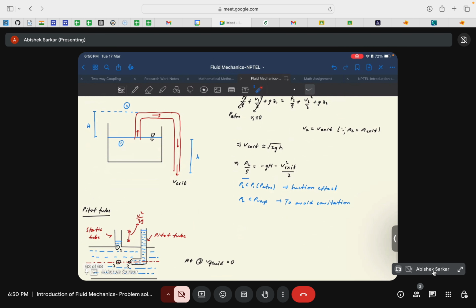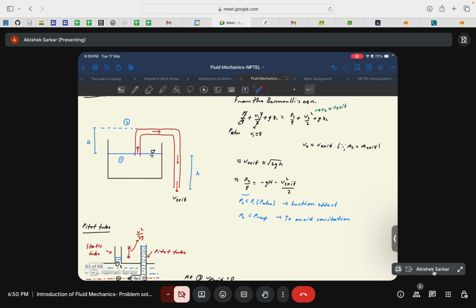Then from this we can take all the terms to the left-hand side. So we'll have P2/rho equal to minus g h minus V_exit squared by 2. Now we can see that, since all these terms are positive, H is positive.